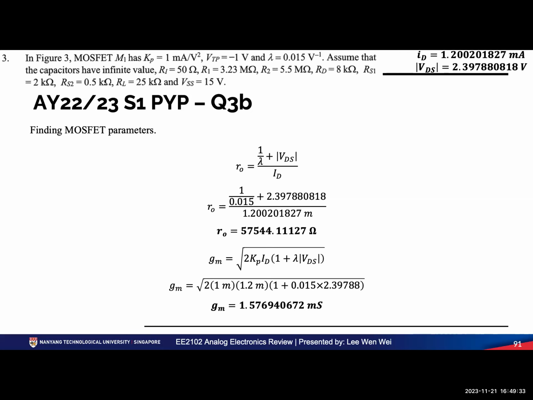Okay. gm is in Siemens. Siemens, yeah. It's an inverse of ohms.